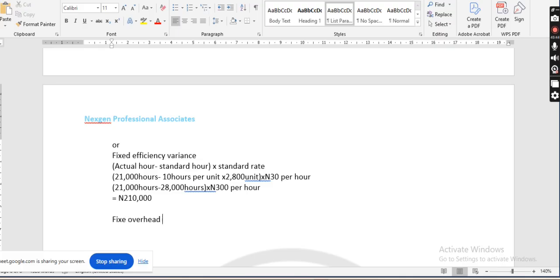Fixed overhead capacity variance: the budgeted hour minus the actual hour times the standard.